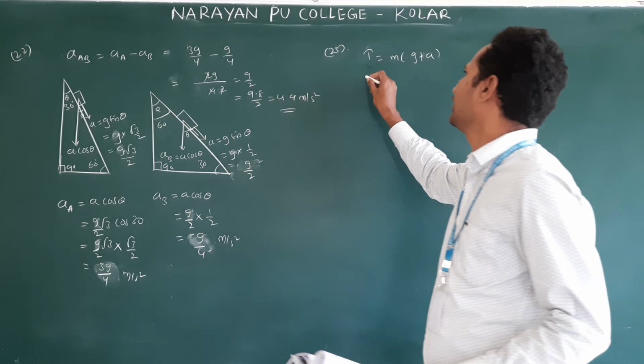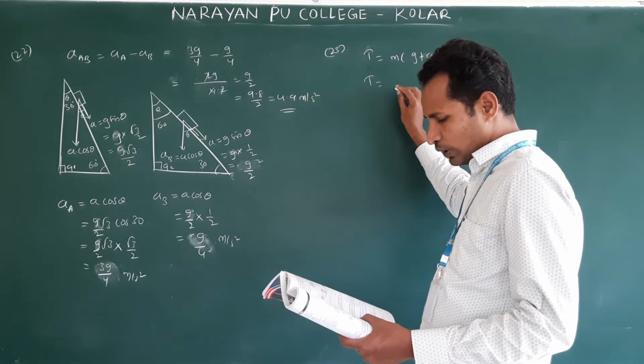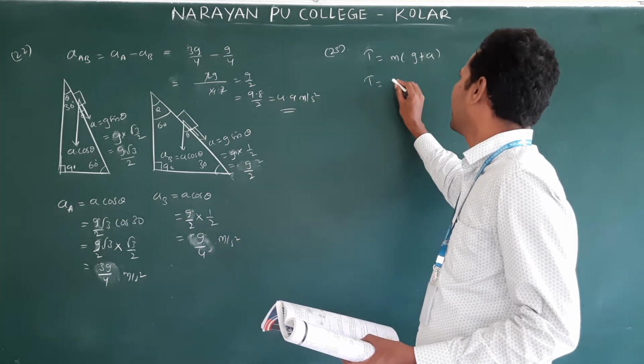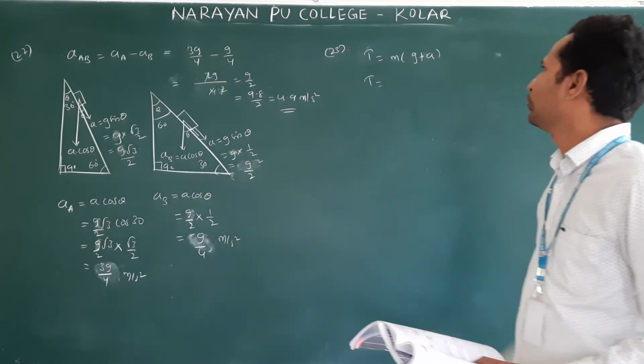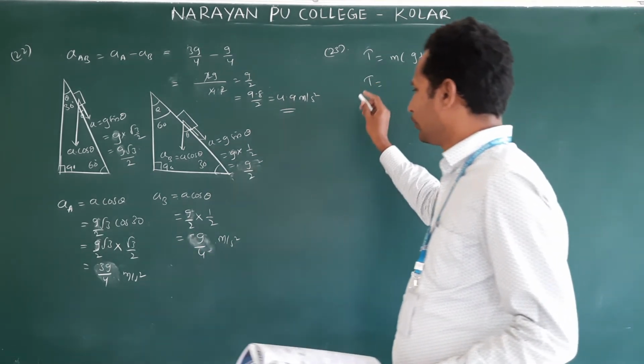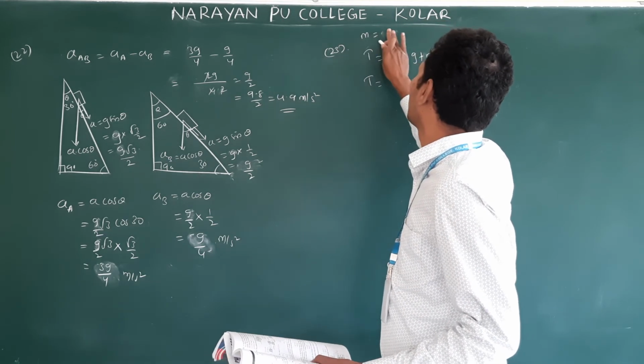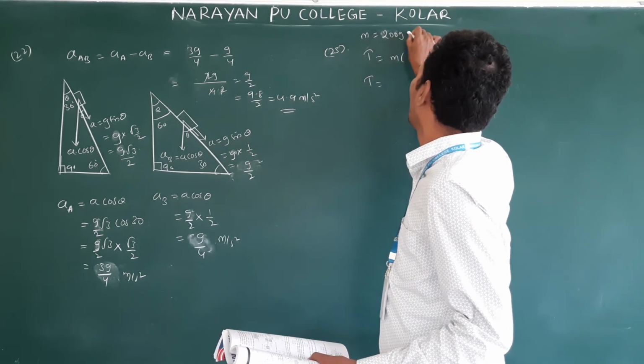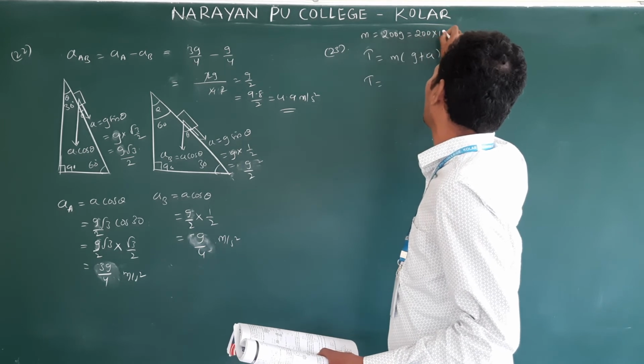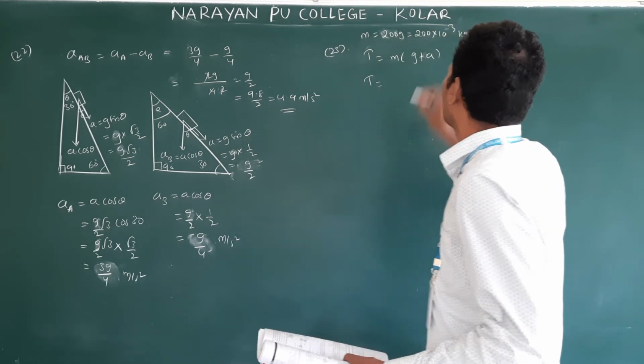Now T is equal to what is the mass? 200 grams, right? How do you write that in kg? M is equal to 200 grams. 200 into 10 power minus 3 kg.